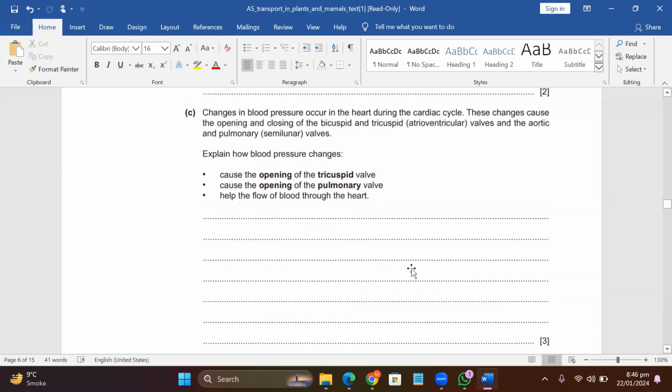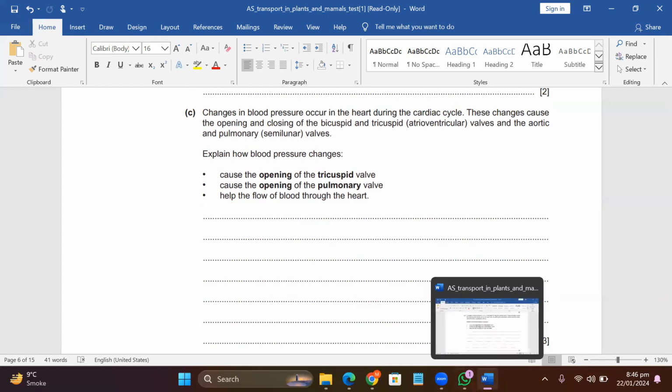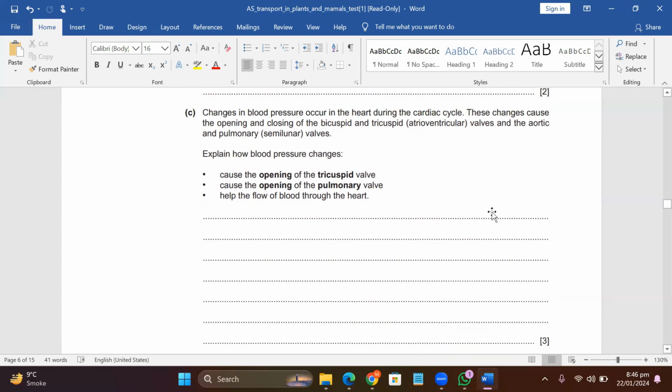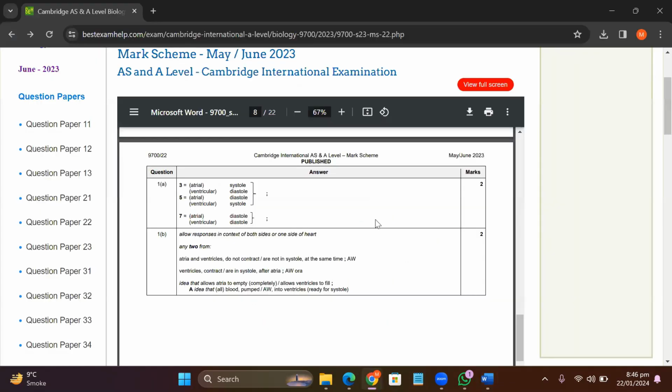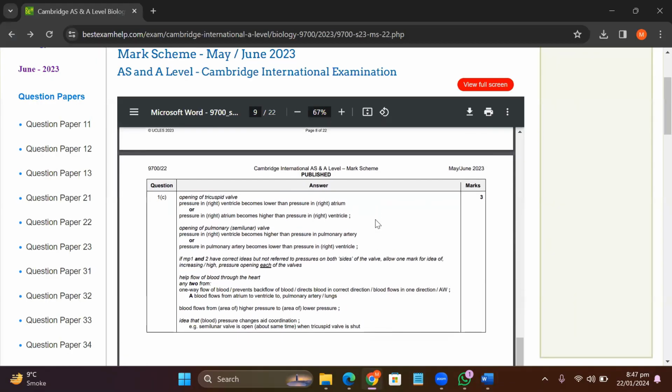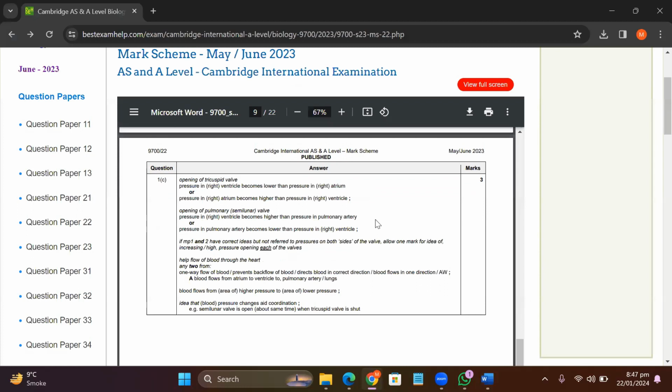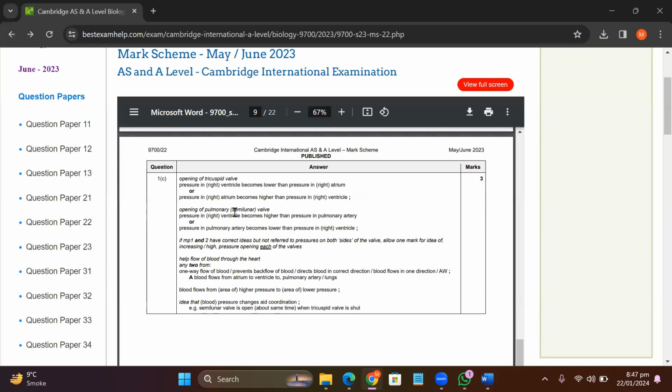ठीक है, अब इसकी मार्किंग स्कीम देख लो. ठीक है, वैसे मैं ज्यादा डिटेल बता रही हूँ, लेकिन इसमें सिर्फ ये लिखना है कि प्रेशर की वजह से कैसे कंट्रोल होता है. Let us see the marking scheme now. ये देखिए, opening of the tricuspid valve, pressure in right ventricle becomes lower.